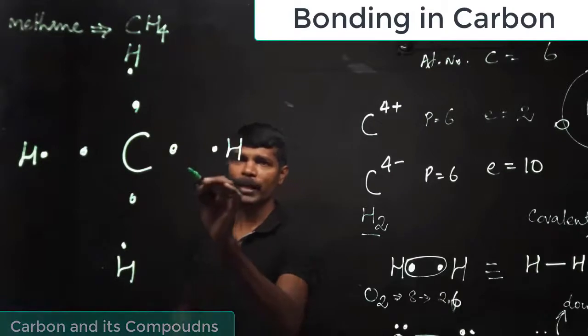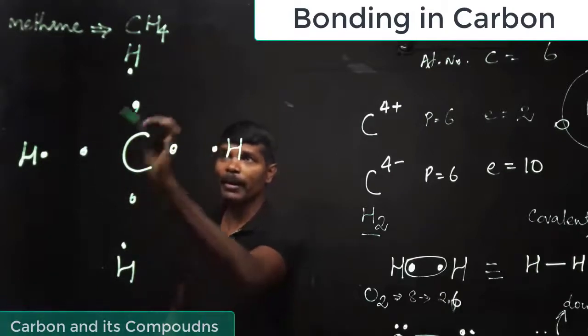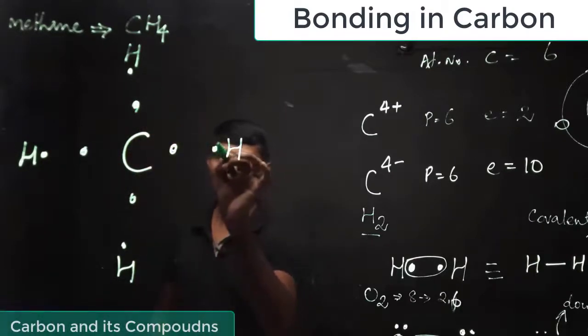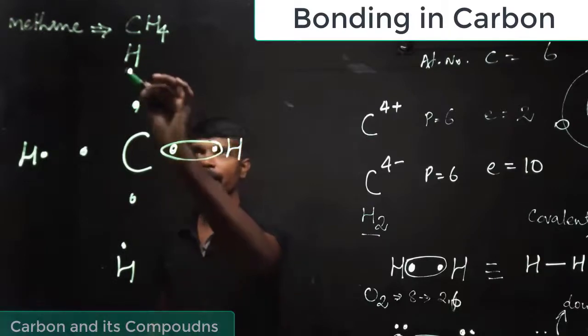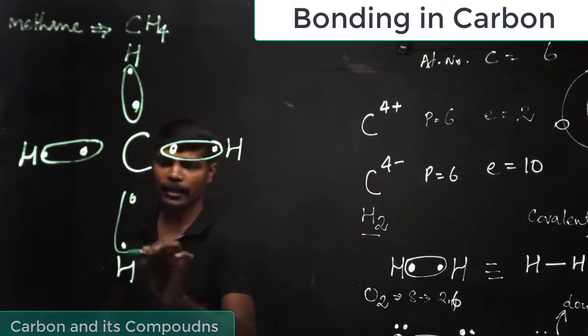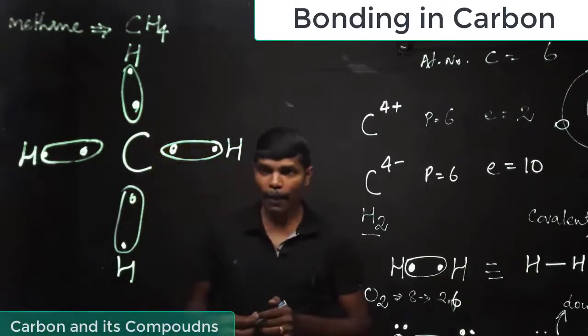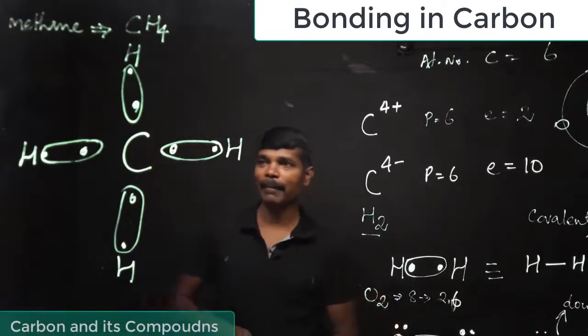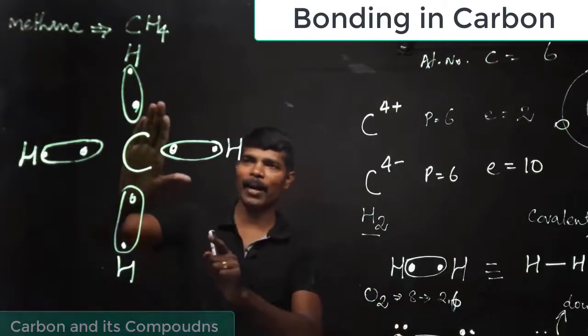Here 4 sharings are done with 4 different hydrogen atoms. This would be the first sharing, this the second sharing, here the third one, and this is the last one.